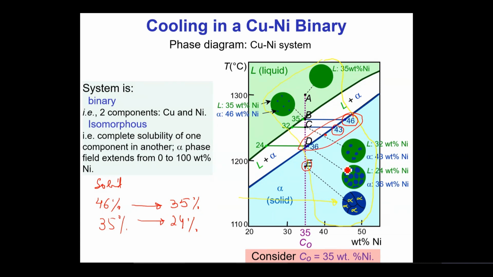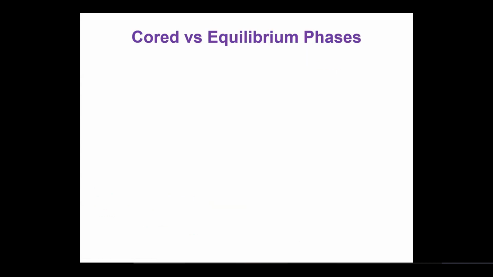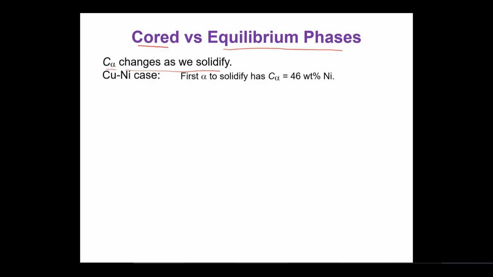You could essentially have two kinds of structures. Let us see what is the difference between cored versus equilibrium phases. In the solidification process, the composition of alpha changes as we solidify. The first alpha to solidify has a composition of 46 weight%.